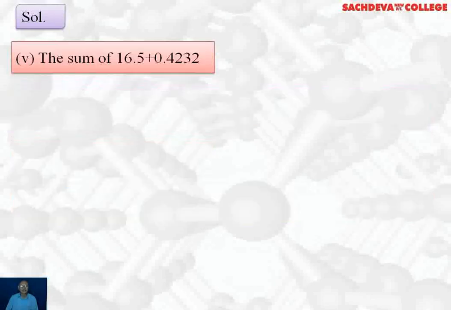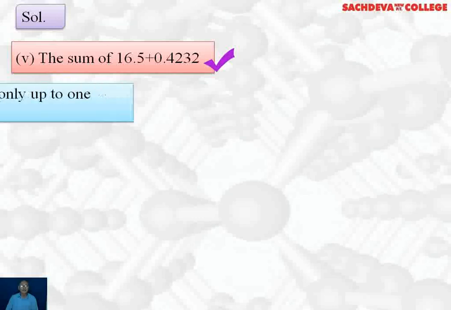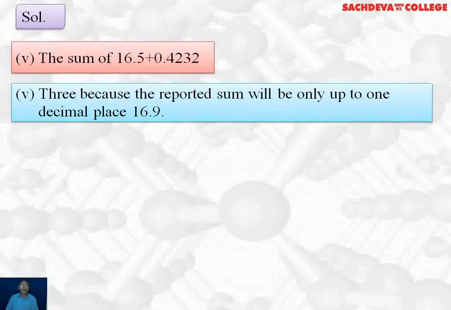Next question. In addition problems, we express the answer in the lowest number of significant figures. For example, if we want to take the sum of 16.5 plus 0.4232, after adding and rounding off, we will get 16.9, and there are three significant figures.